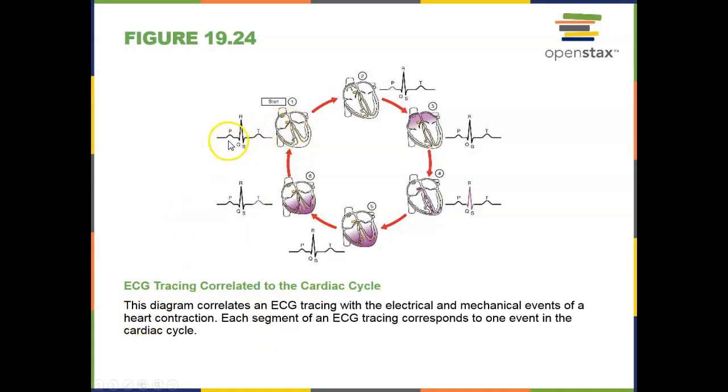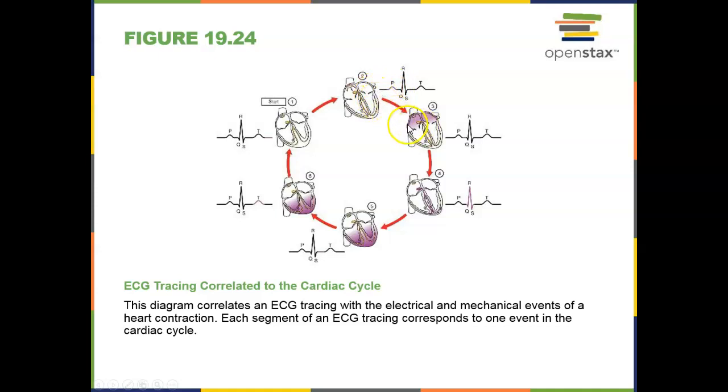And so here you can kind of see this takes the conduction system and the EKG and puts them together. So here where you have depolarization, at first we just have a resting heart. We have depolarization of the SA node. That's right here.